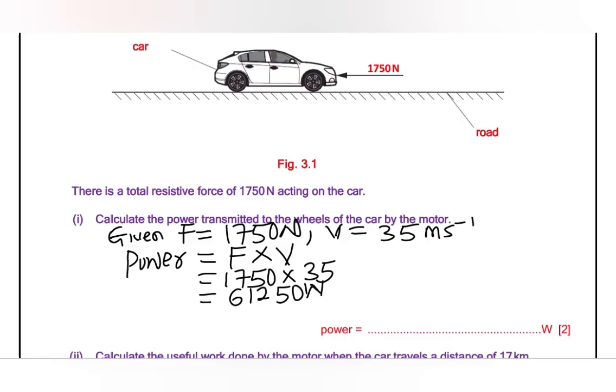Approximately, in standard form, we can have this as 6.13 times 10 raised to the power of 4 watts. So that is the solution to that particular part of the problem. That is B1.